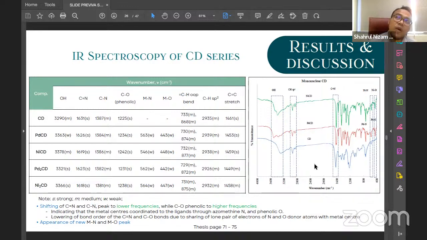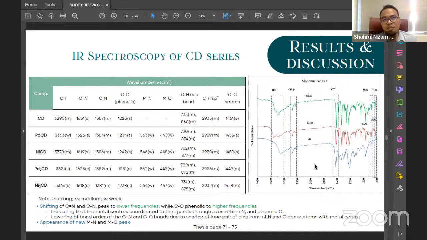So when there is a flow of electrons from the HOMO of your ligand, your CD, to the empty orbitals of PD and nickel, you must remember that there will be a backflow of these electrons, meaning electrons from the filled d orbitals of nickel and palladium will be given back to the LUMO of your ligand. And when that happens, the C double bond is somehow weakened.